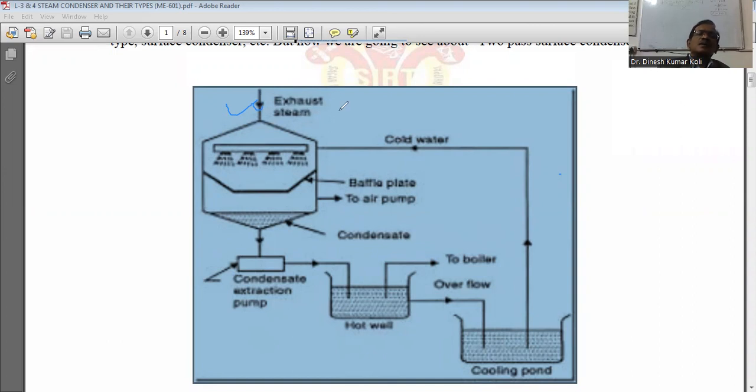This steam is coming from the turbine, or we can also call it the steam turbine. And the water is coming from this cooling point. There is a storage of cold water, and this cold water is coming through some pipe and flowing through this passage.